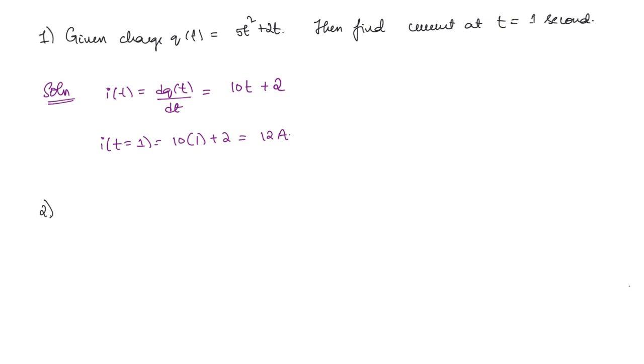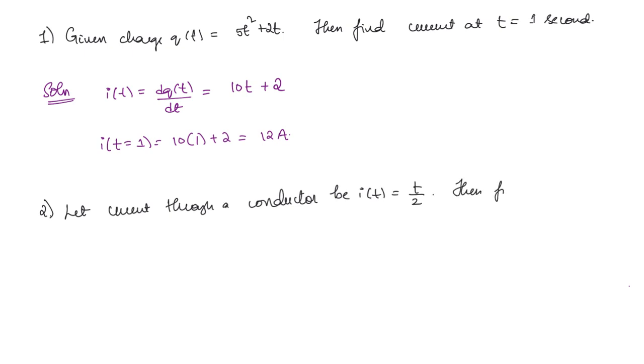Another question, now instead let's say we have the current. Let the current through a conductor be I of t equal to t by 2.